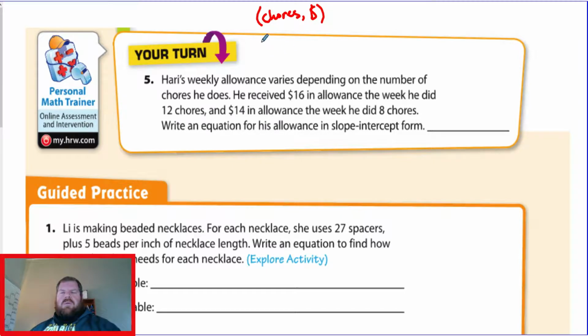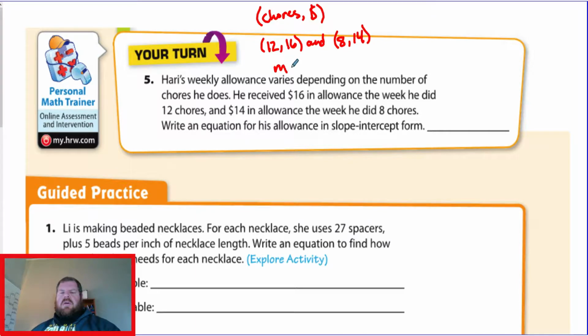So I get the 2 points. He did 12 chores and got $16. And he did 8 chores and got $14. So we can find our slope, x1, y1, x2, y2.